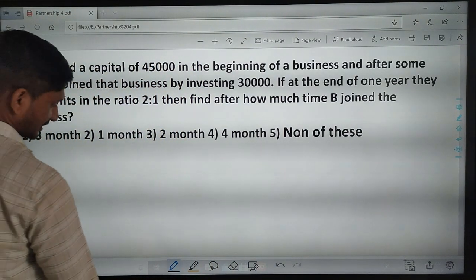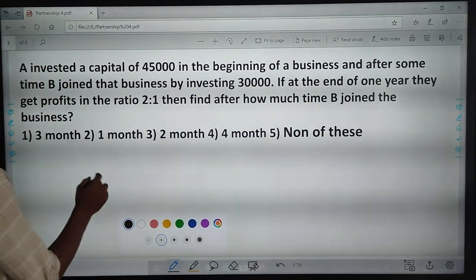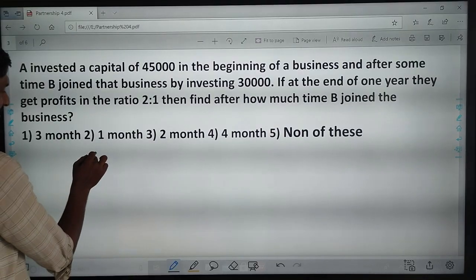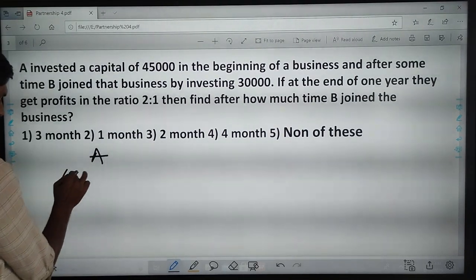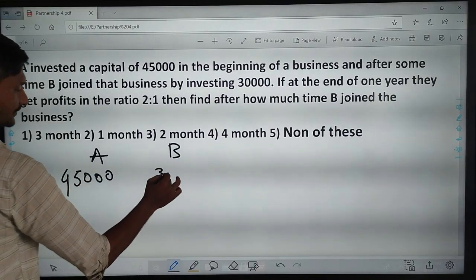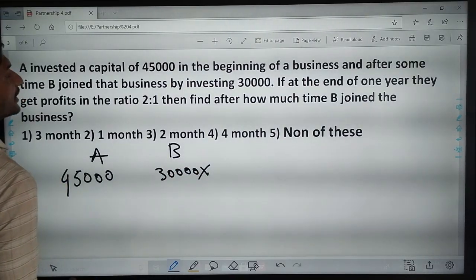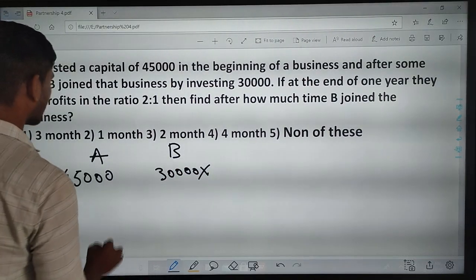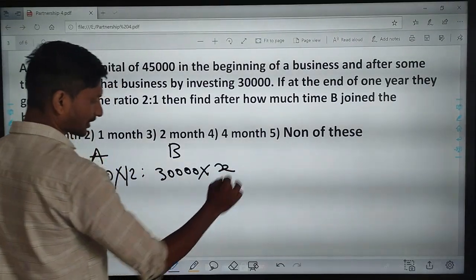Now here A's capital is 45,000, B's capital is 30,000. A invests for 12 months and B invests for x months.